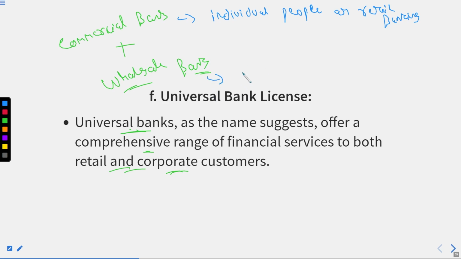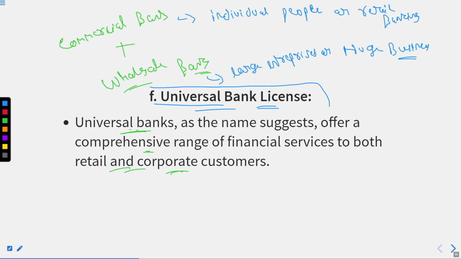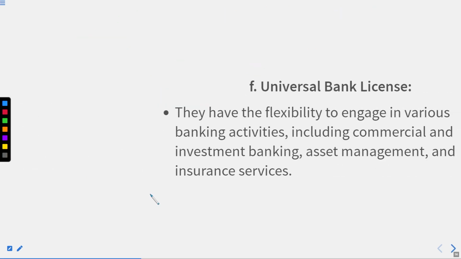All right. Whereas the wholesale banks deal with large enterprises or huge businesses. Okay. And the universal banks are basically the mixture of both of them. All right. They are dealing with retail and corporate customers both.